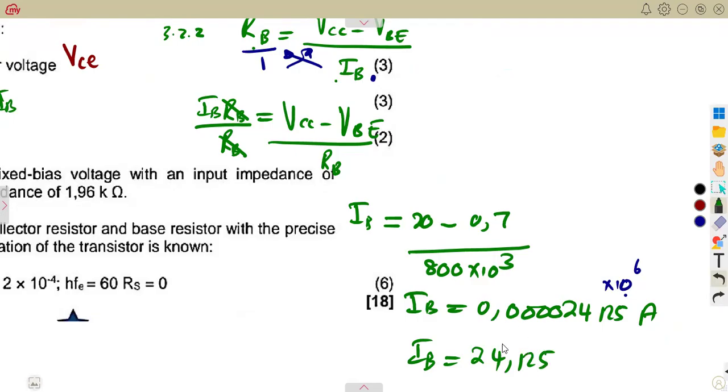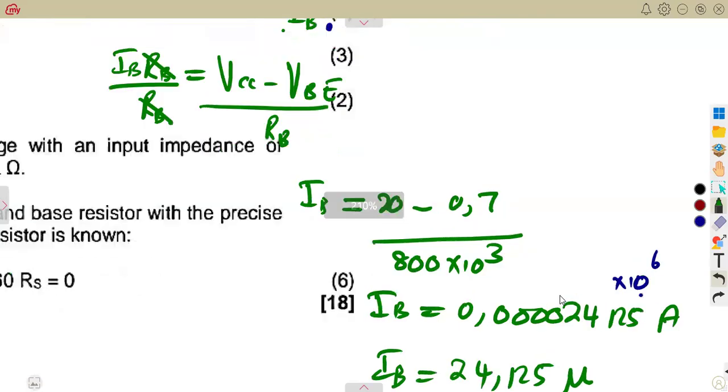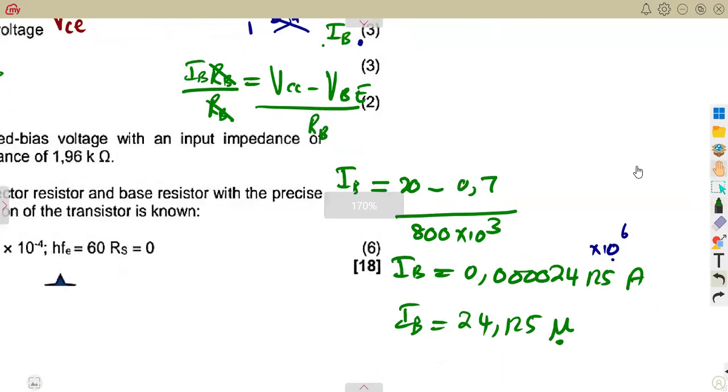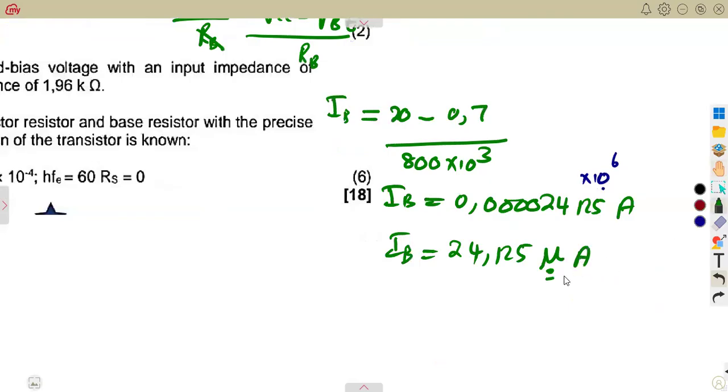That answer that you're getting on your calculator is automatically now in micro, so that is the idea there. We have got your base current.